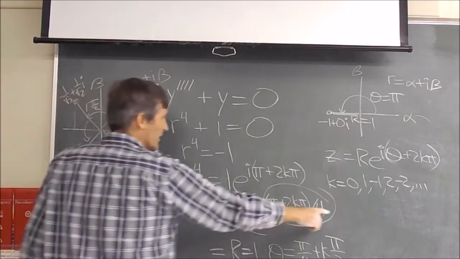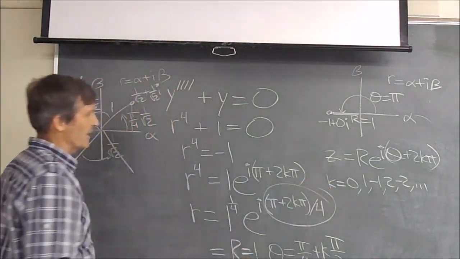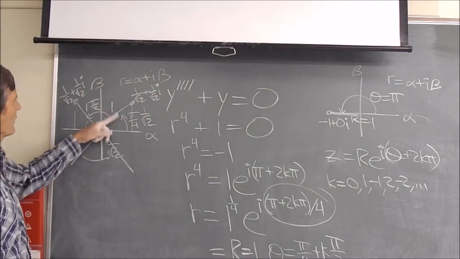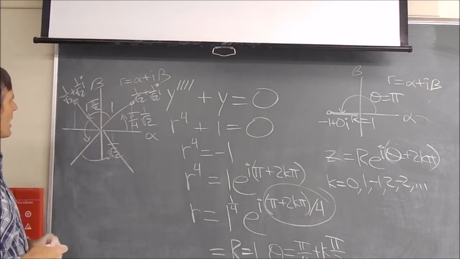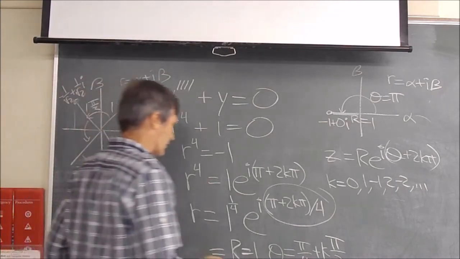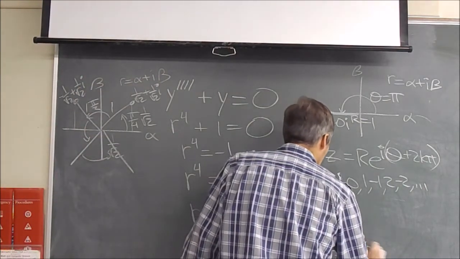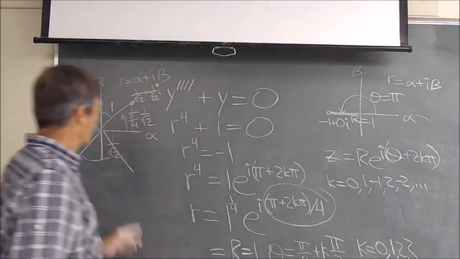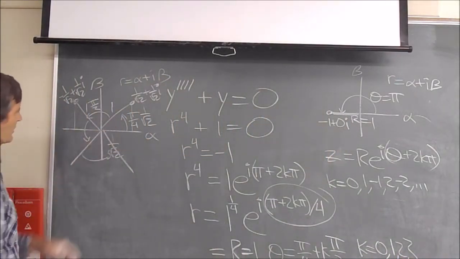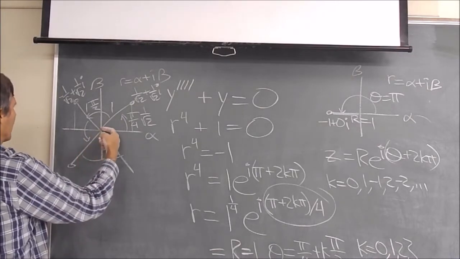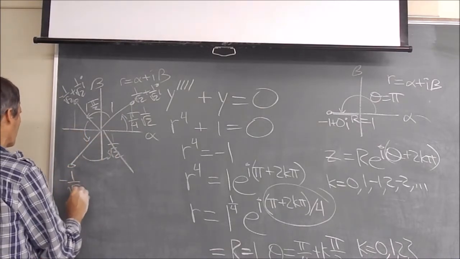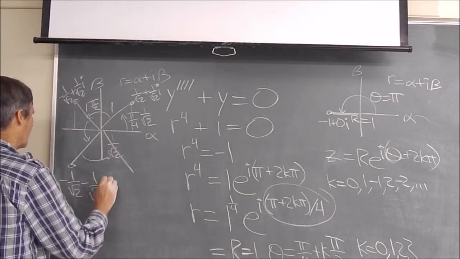So there's an infinite list here, k equals 0 to infinity and minus infinity, but only 4 different directions in the complex plane. So out of these, we can really just look at k equals 0, 1, 2, and 3, and then they start repeating. You'll just get to the same points. So this one's 1 unit out, and you go minus 1 over square root 2, minus 1 over square root 2. This is the point minus 1 over square root 2, minus 1 over square root 2 i.